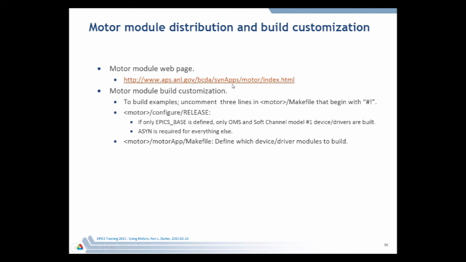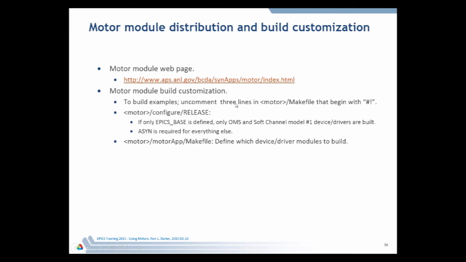In terms of the motor configure release file, it only needs EPICS base, but if you don't define any of the links to other modules, the only thing you'll get is the OMS device drivers and soft channel device support. So you really won't get much if you don't define other modules, specifically ASYN.